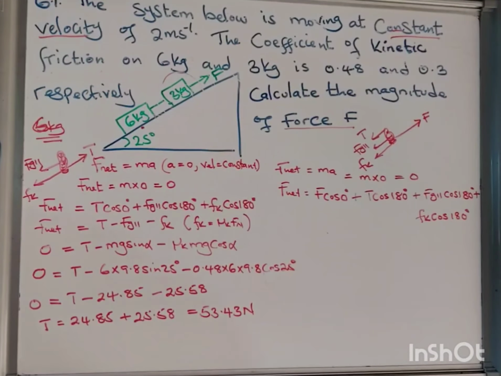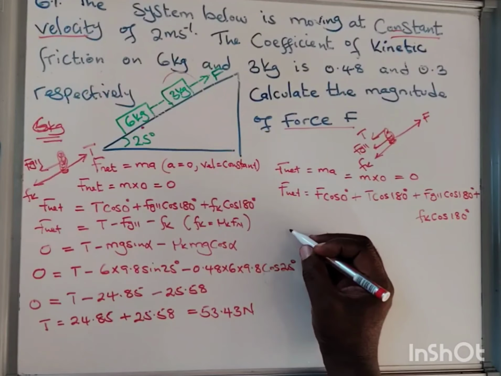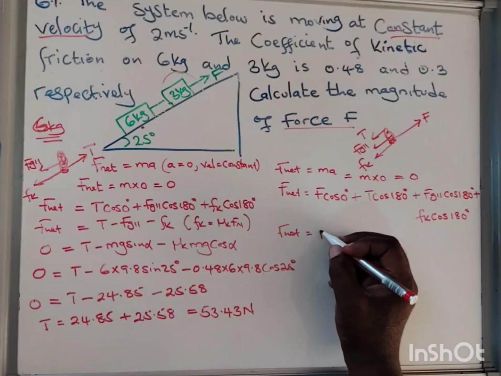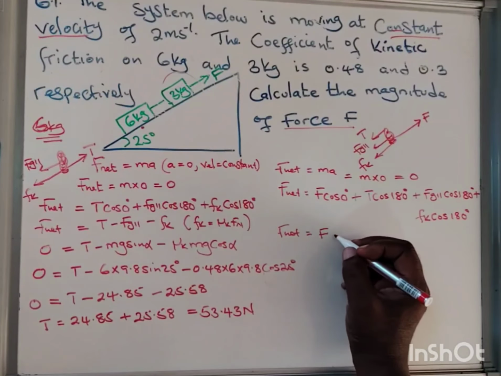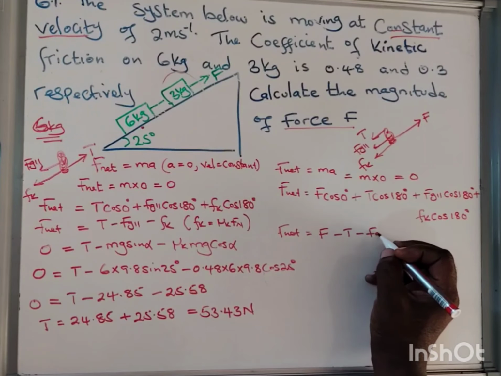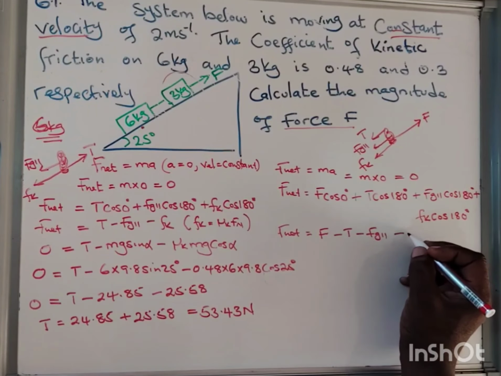We can simplify and say F net is equal to F, our applied force, minus T minus Fg parallel minus Fk.